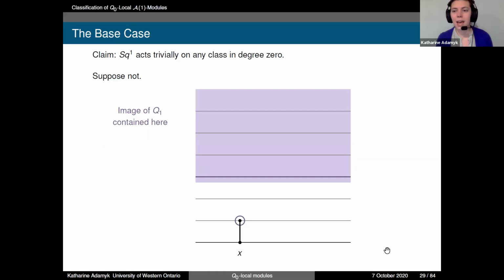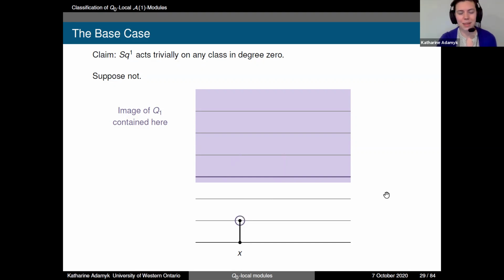I'm going to rely very heavily on the fact that Q1 has degree 3. And so the image of Q1 is contained in degrees 3 or higher. I'm using the bounded below assumption here as well. Right? So since my module is Q-naught local, that means the Q1 Margolis homology is 0.